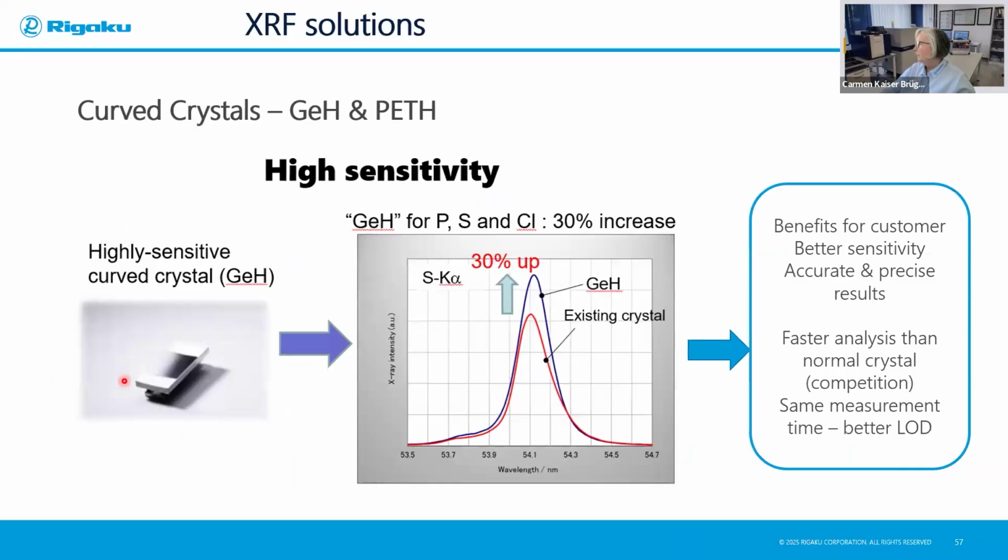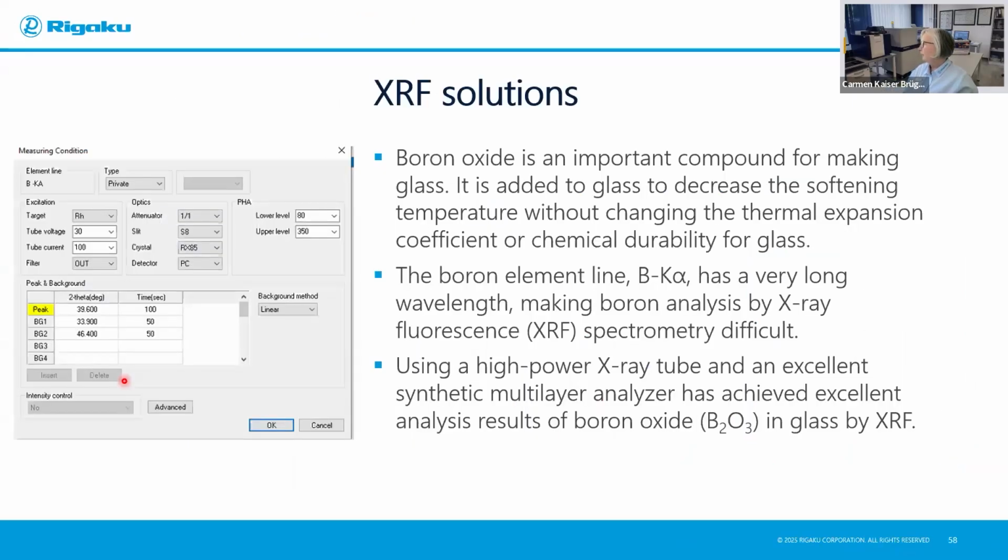Okay, so here we have an example of some measuring conditions for boron, because in the next few slides I will show you how to prepare the boron oxide in different matrices, so pressed powders and fusion, to show you the differences.